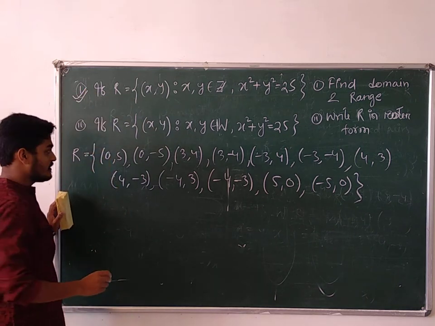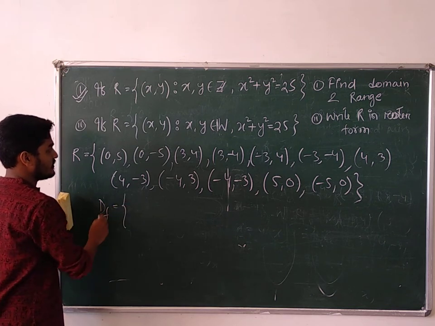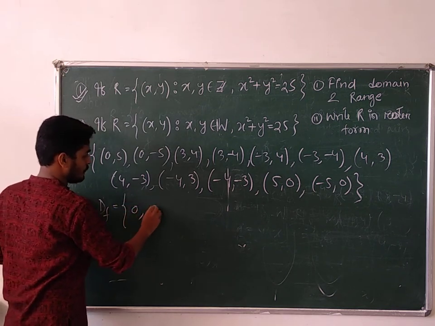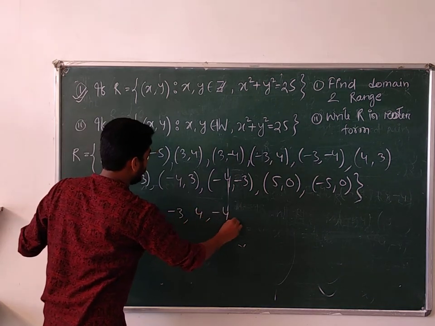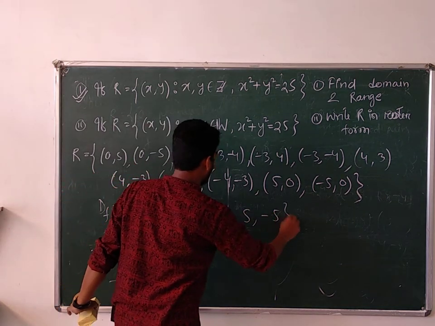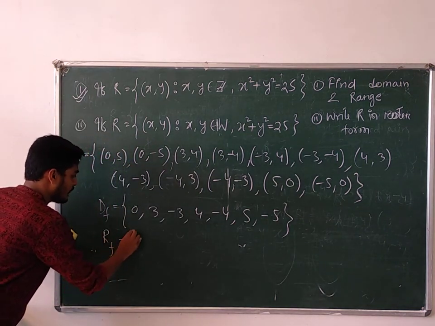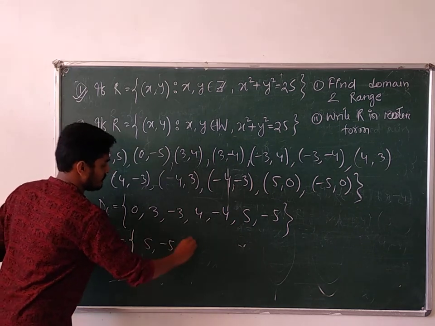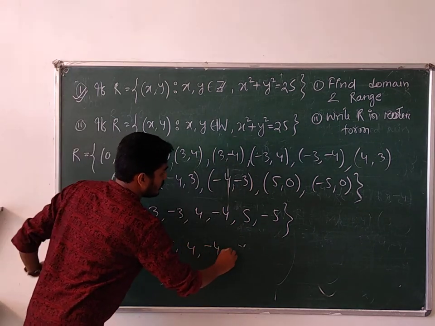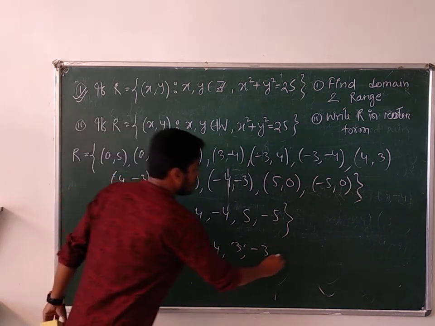Okay, now listen, what is the domain here? The domain of f is equal to the first components: 0, 3, -3, 4, -4, 5, -5. So this is the domain. What is the range of f? Range of f is the second components: 5, -5, 4, -4, 3, -3 and 0.